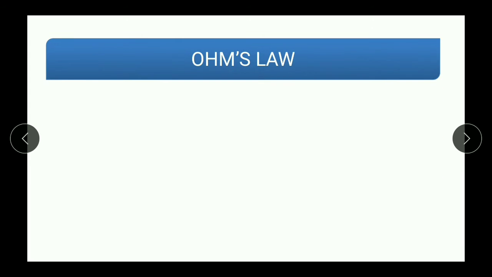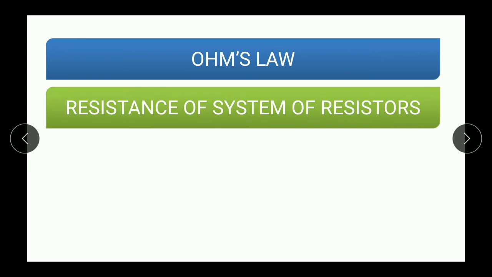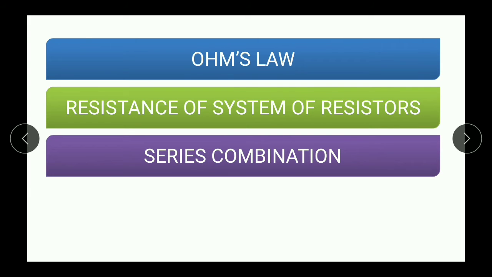In the last session, we had learned Ohm's law. Then we had also learned what are the different types of system of resistors, and we had learned series combination. What does series combination mean and what is equivalent resistance, how to derive it, that we had learned.